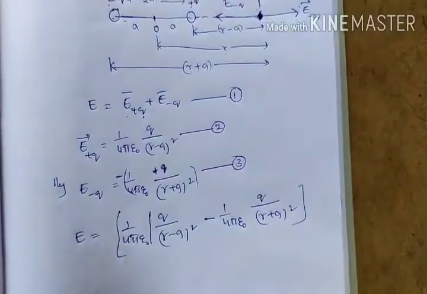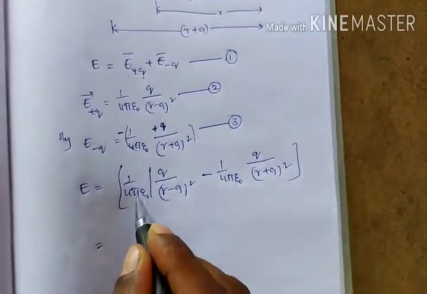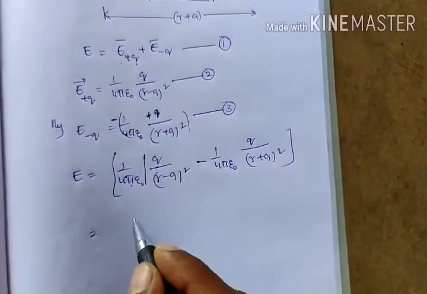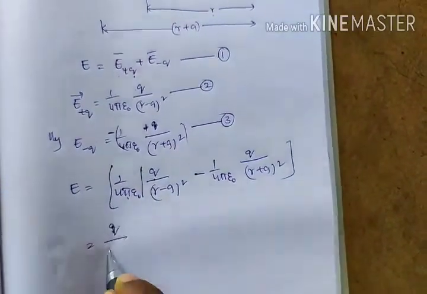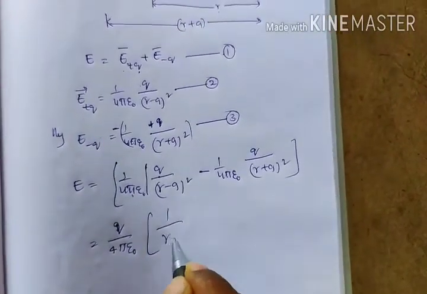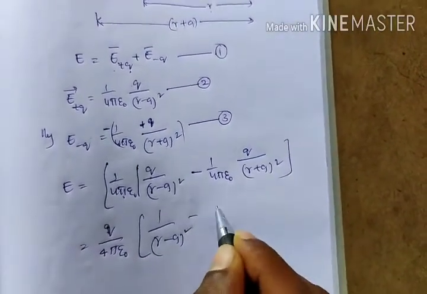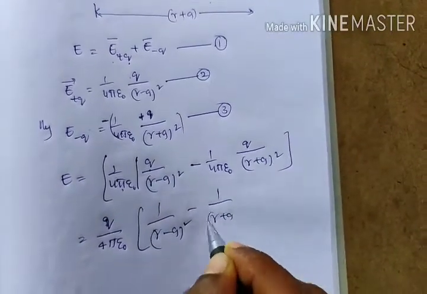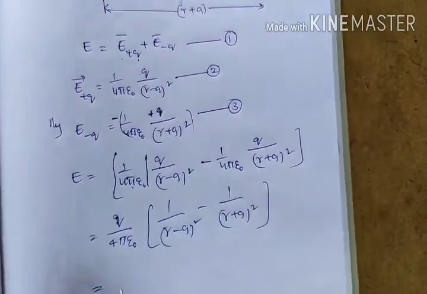Okay, this one. Next, 1 by 4 pi epsilon naught q are common. Let's take out q by 4 pi epsilon naught, 1 by (r minus a) whole square minus 1 by (r plus a) whole square. Okay, next step.